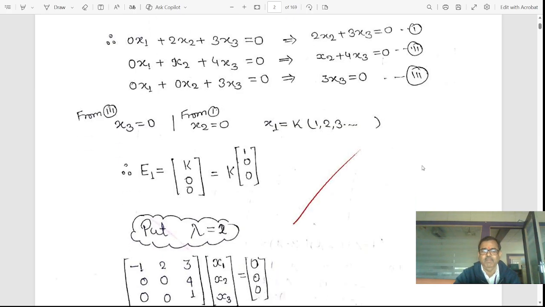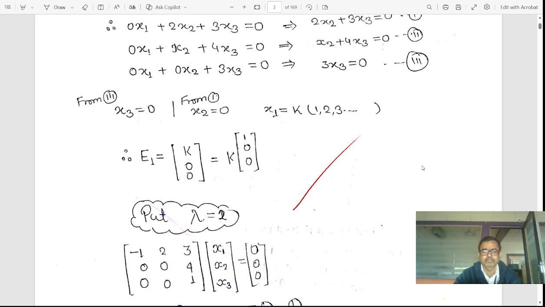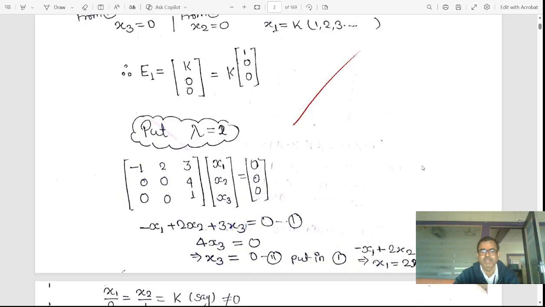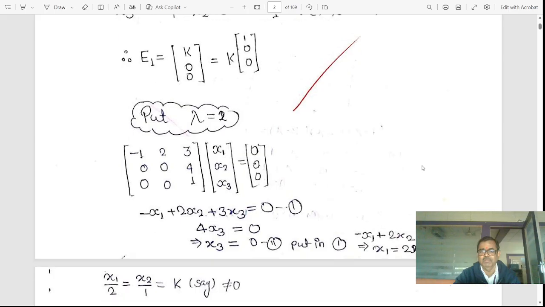Now again we put lambda equal to 2. That means minus 1, 2, 3, 0, 0, 4, 0, 0, 1, times x1, x2, x3 equal to 0. After multiplication, here we get x3 equal to 0, but minus x1 plus 2x2 equal to 0.